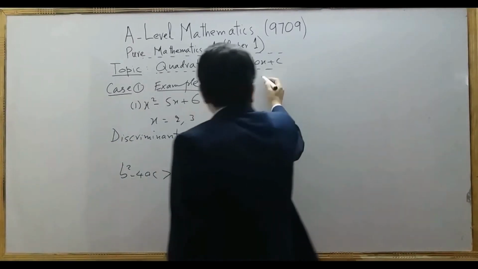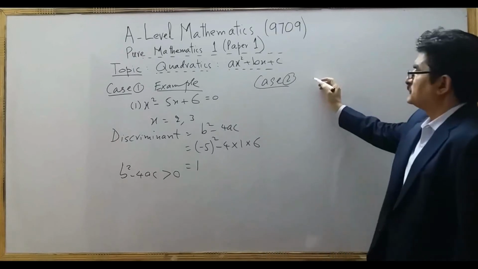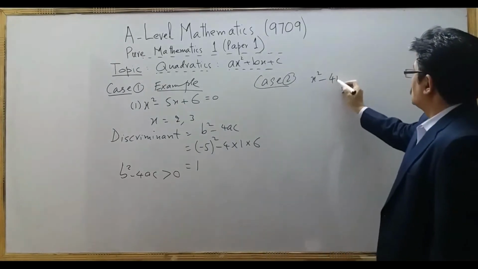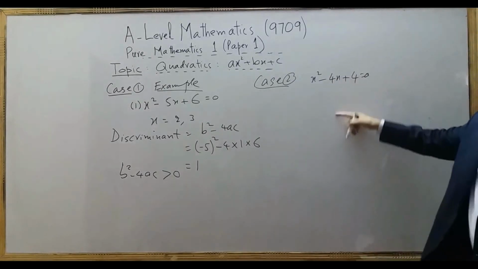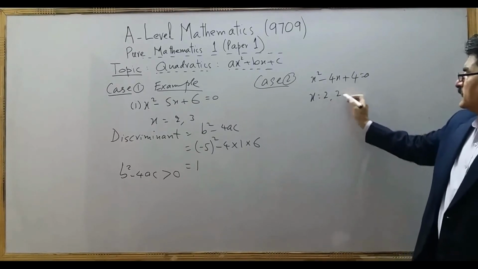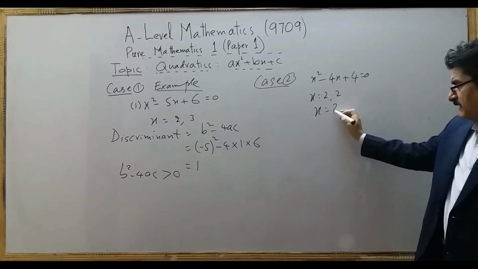Then we have case 2. Case 2 example is x square, for example, minus 4x plus 4 equal to 0. If you solve this quadratic equation, you will get the same value 2 times, or sometimes we write it as only one value.